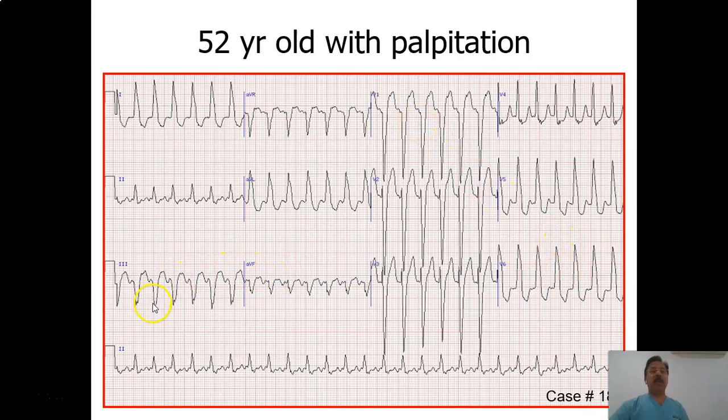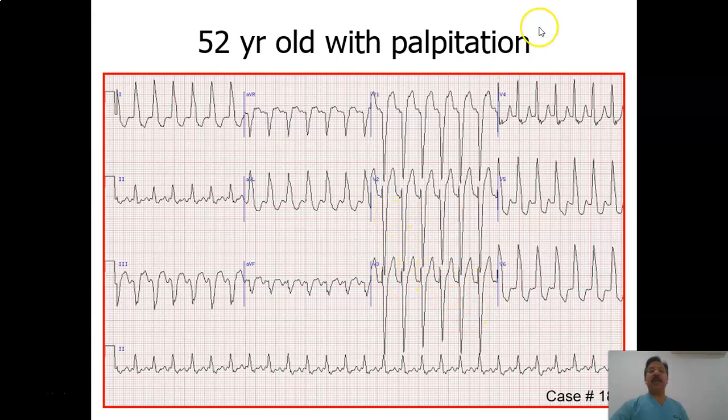ST segment, in presence of left bundle branch block, you will get the normal ST segment elevations, which are obviously seen. That may be normal findings. ST segment elevations are there, definitely, but it is a part of left bundle branch block.